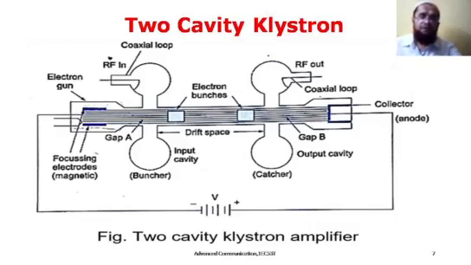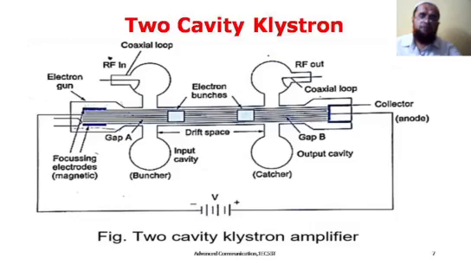That's why we call them the input and output cavities. In the drift space between the two cavities we have electron bunches, and the output cavity is followed by an anode, and the anode and cathode are provided with a potential.